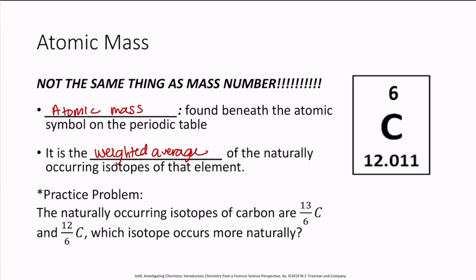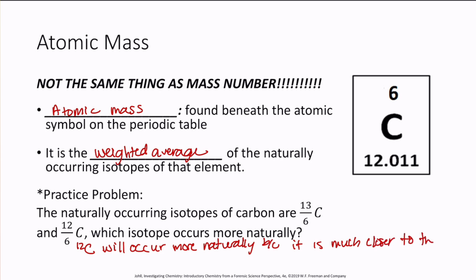So carbon 12 will occur more naturally because it is much closer to the atomic mass for carbon than carbon-13.